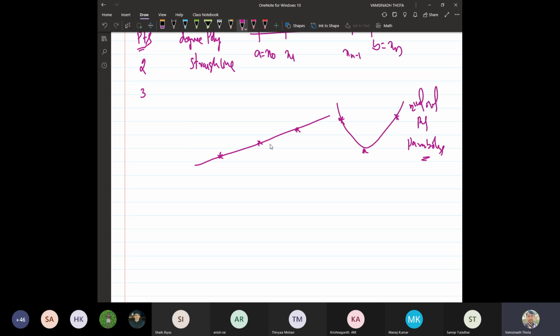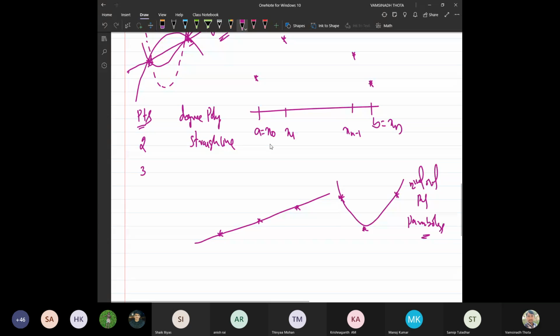So it depends on the position of the points also. But what we can say is, if 3 points are there, we can use the approximating polynomial either of second order, that is quadratic, or linear. That is, either using parabolas or using straight lines. We can use the approximation.